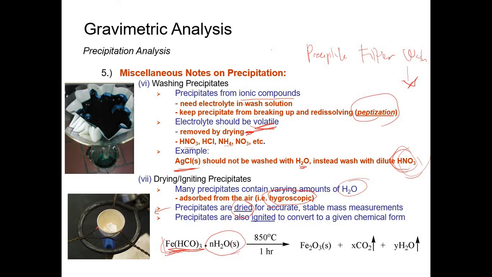So if you heat that at 850 degrees Celsius, then it will be converted to Fe2O3, which is more stable, kanang no water na kanang present. So na-remove na ang water ug ang carbon dioxide. Diba? So when you weigh this one, it will become more accurate.